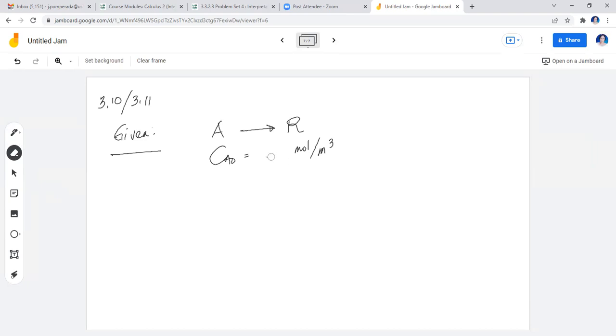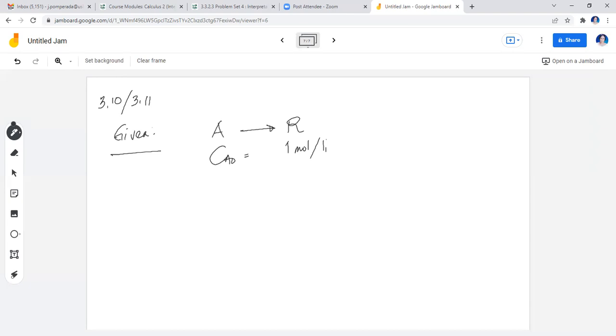So this 500 is for the required information already. So you have to be very careful. It says here, aqueous A at a concentration CA0 equal to 1 mole per liter, so it's not cubic meter, but liter. Based on the empirical data, your units are in mole per cubic meter, but the information given for the initial concentration is mole per liter.